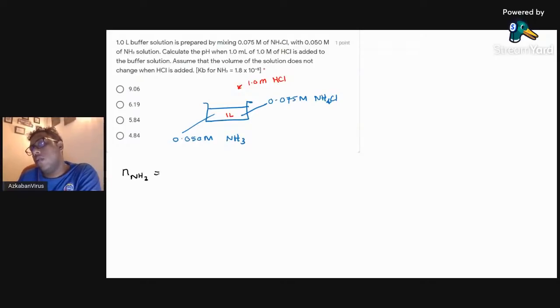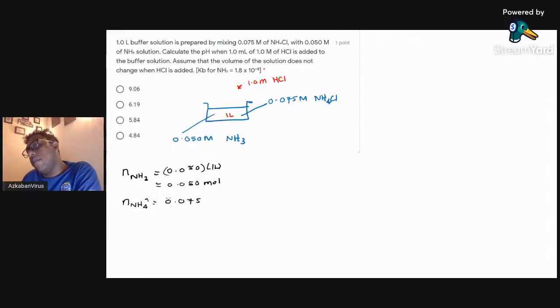NH3 is equal to 0.0 molality, mol N is equal to MV, 0.050 darab dengan volume kita 1 liter, which is equal to 0.050 mol. Next, NH4 plus, this is equal to 0.075 darab dengan 1, which is equal to 0.075 mol.